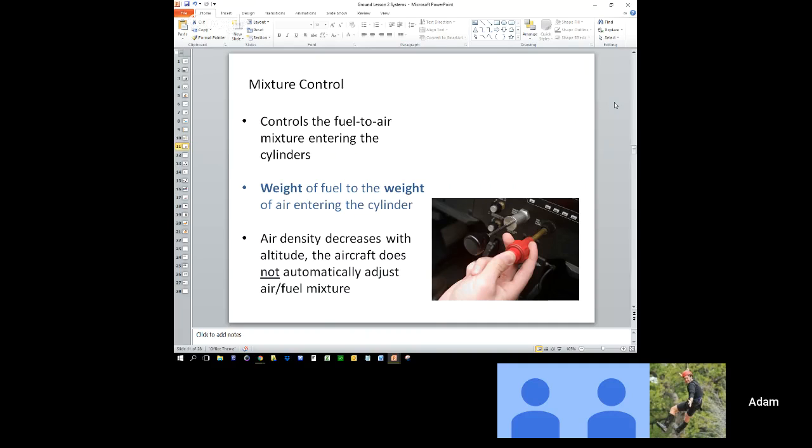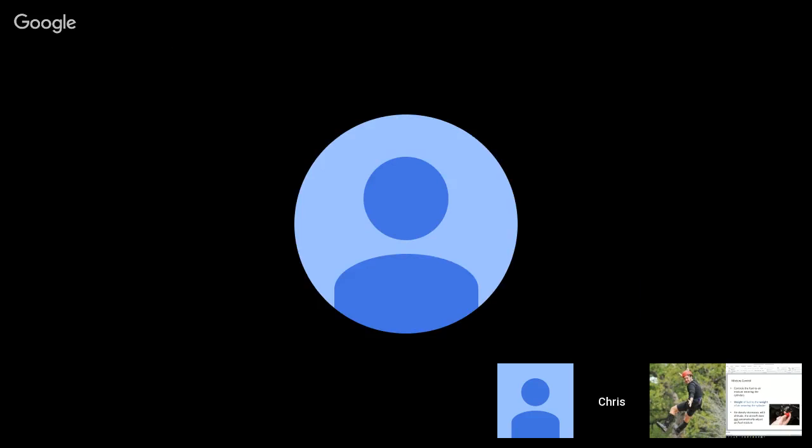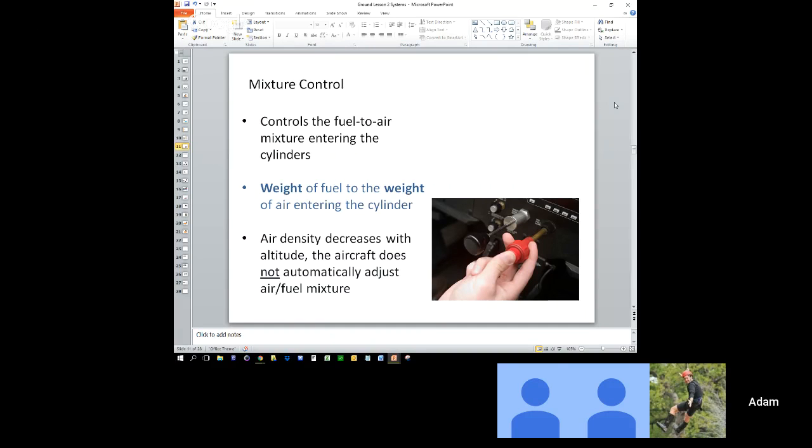One important pilot control aspect of the fuel system is the mixture control, and we talked about this several slides ago. I said we would table that and talk about it in a minute. The mixture control is the pilot's direct control authority on the amount of fuel being provided into the carburetor or into the fuel injector system to mix with the given amount of air. And from a definition standpoint, you want to think about weight.